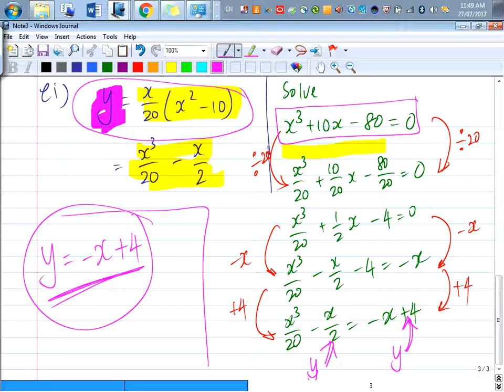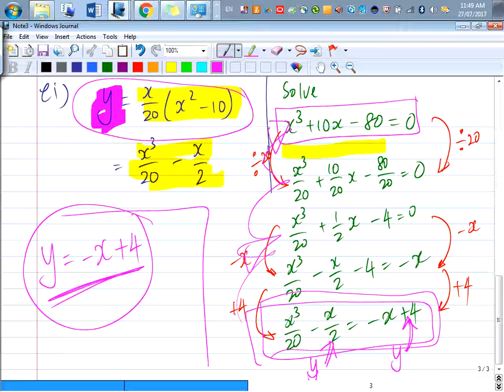You will let x over 20 times this be equal to negative x plus 4. Isn't that the step over here when you solve them simultaneously? Then as you continue to solve, you will get to this part, and then you continue to solve finally for x. Your simultaneous equations and the graphical method are very closely related. So this is why we draw y equals 4 minus x.